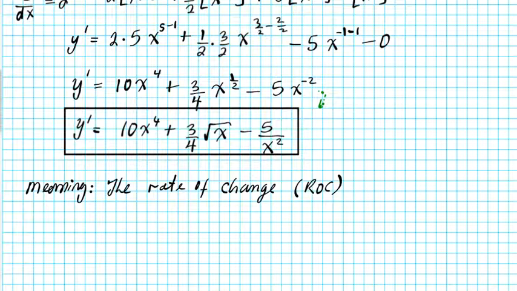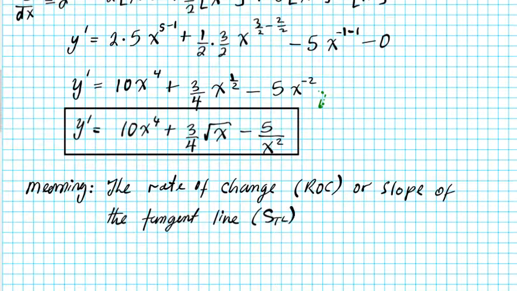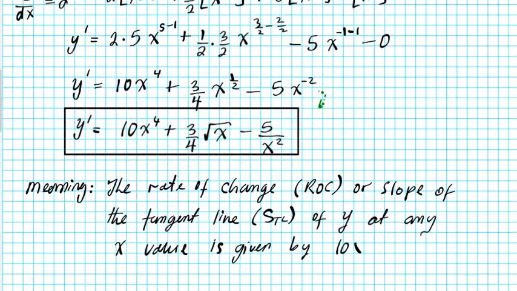The rate of change, another word for rate of change is the slope of the tangent line, or STL, of y at any x value is given by the result we got, 10x to the 4th plus 3/4 root x minus 5 over x squared.